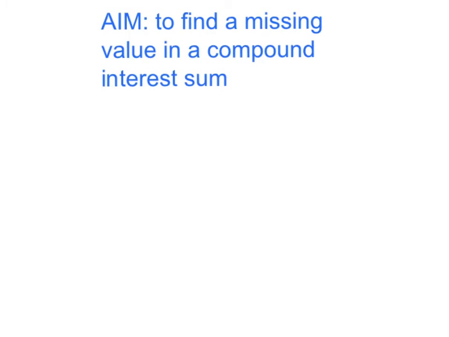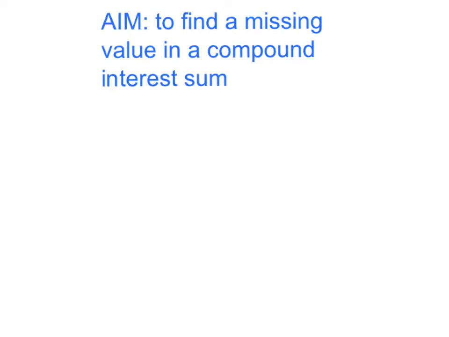So now, our new aim for today is to find a missing value in a compound interest sum. So this is when maybe we're given our final fee, our starting fee, but not our interest rate. Or maybe we're given our interest rate and we're not given what our starting fee was, what our principal was. Okay, so we're going to try maybe 1 or 2 of these, maybe just the one, and if you get it after the one, I'm sure you'll fly along with everything.